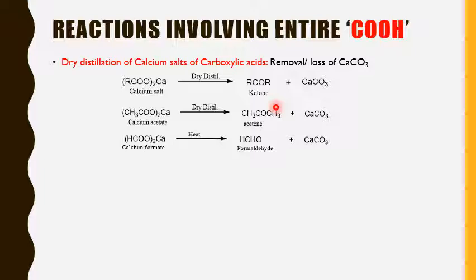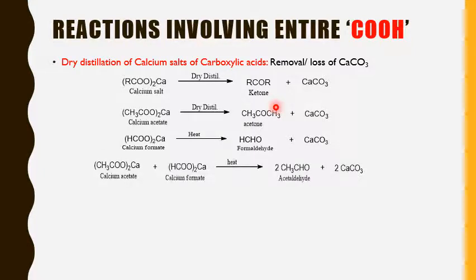So what if you have a combination of two salts? This was only a pure salt of acetic acid, and this was only a pure salt of formate. If you have a combination of both, an acetic acid salt and also a formic acid salt, how does it give? It will result in the formation of an aldehyde where these two R groups are attached in the final product.